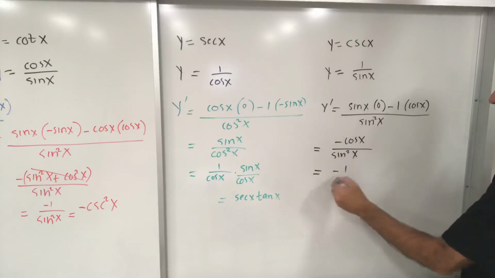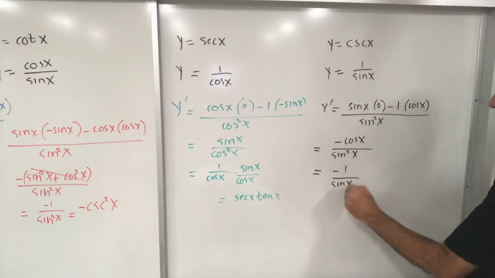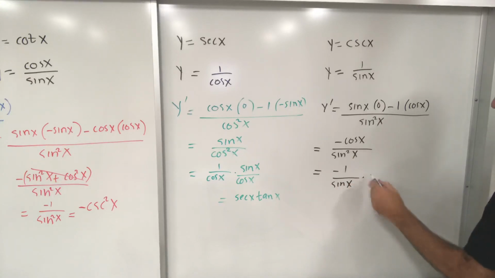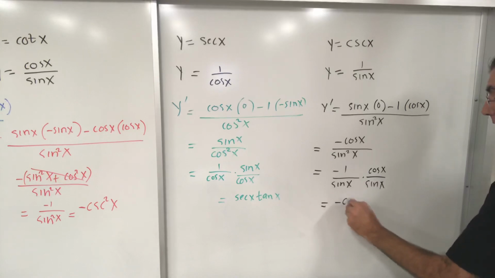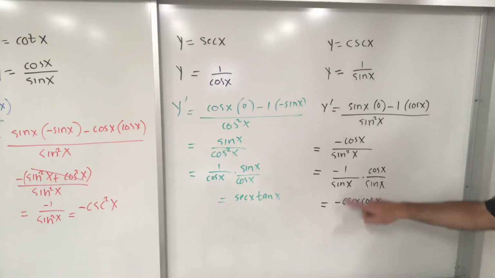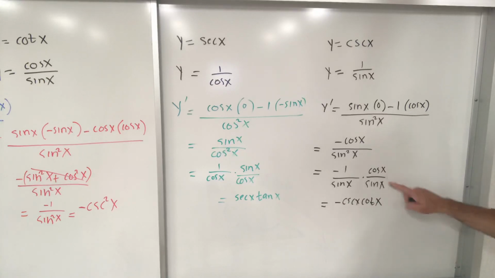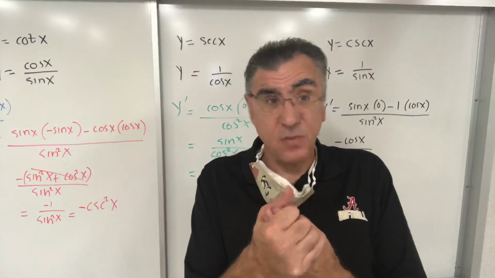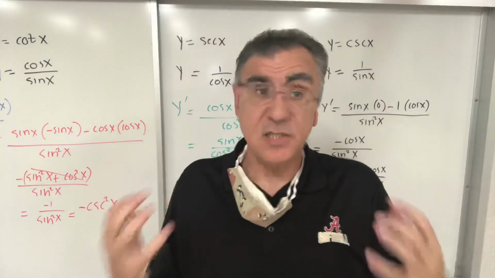And again, this is legit. There's nothing wrong with that answer. It's just that no one writes it that way. They break it up. And 1 over sine is cosecant, and cosine over sine is cotangent. Okay, those are the three videos for the week on the six trig functions.